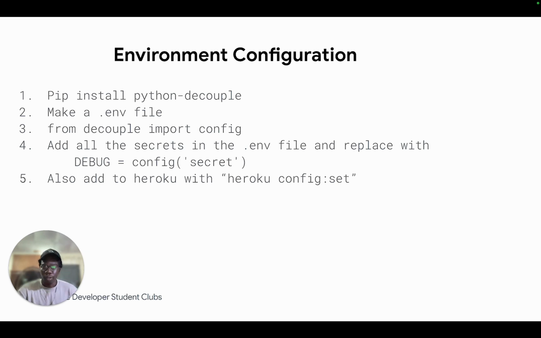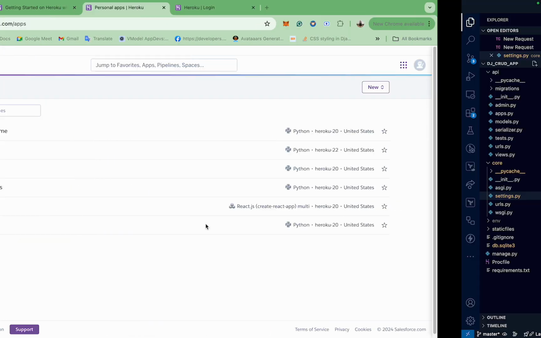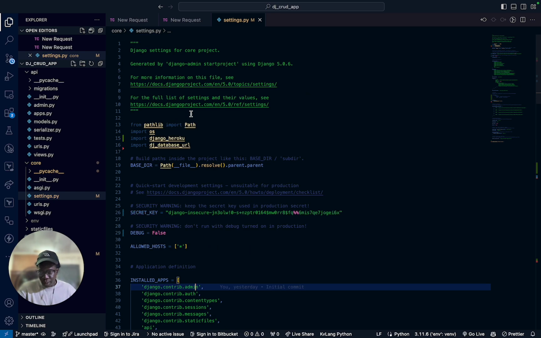Even then, I won't actually recommend it. So we'll make a .env file, and then from there we'll be able to put in some secrets. But first we'll have to do, from decouple import config, this will be in our settings.py file.